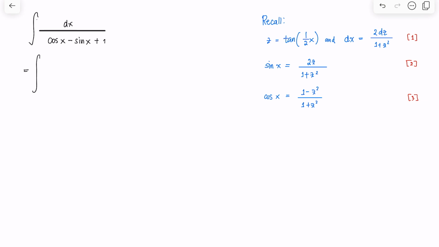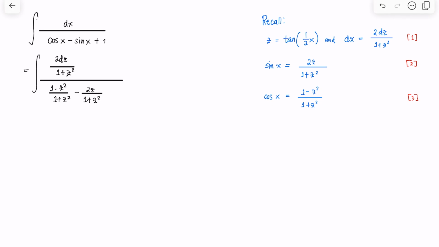The dx will be expressed as 2dz all over 1 plus z squared, divided by cosine of x in terms of z, which is 1 minus z squared all over 1 plus z squared, minus the sine of x, which is 2z all over 1 plus z squared.